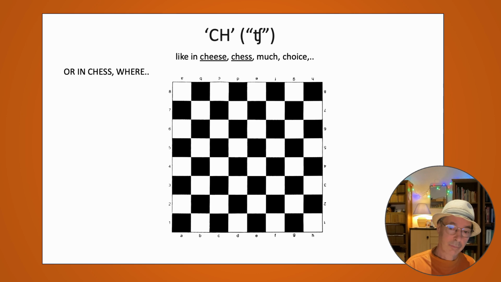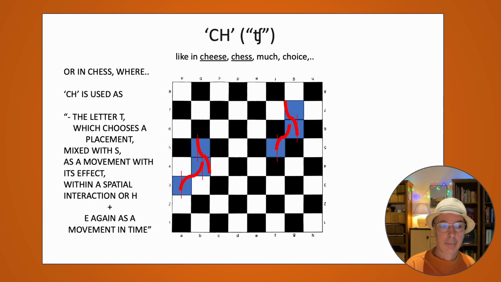The chess is on the chessboard. There the ch, I notice, is used first as T, the placement, mixed with S, the kind of effect that I want to produce, and following its effect with a spatial interaction of H against A, or movement in time.